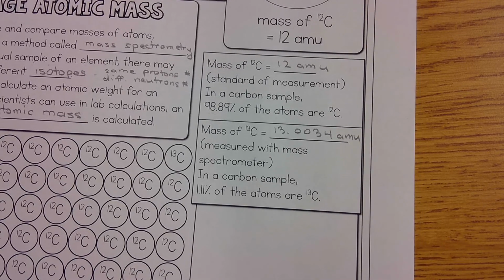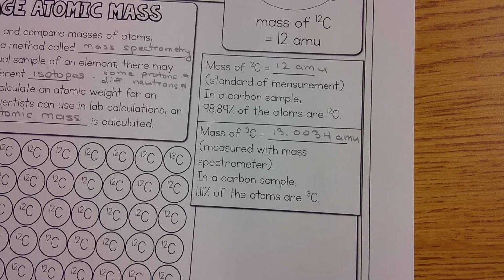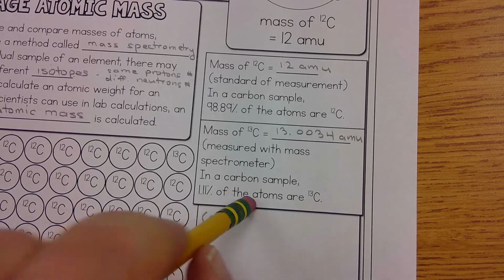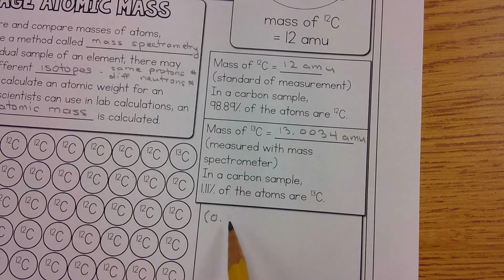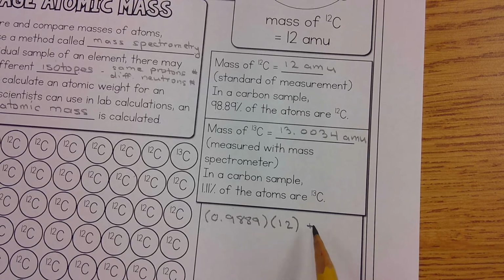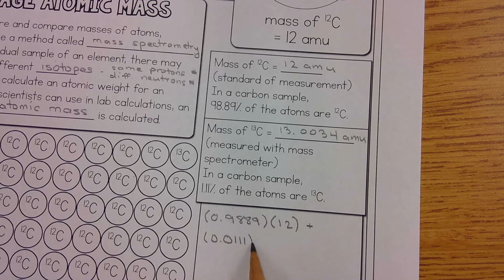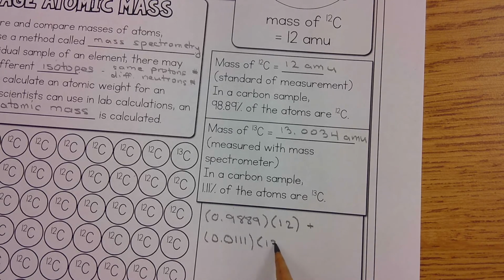In order to find the average atomic mass, you take the percentage, 0.9889 times 12, and add that to the percentage of the other, 0.0111, that's 1%, times 13.0034.